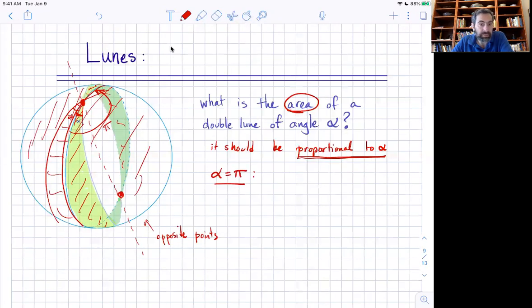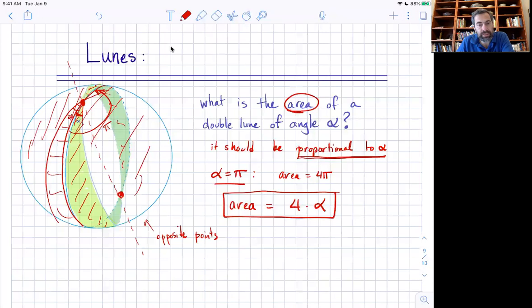In that case, it fills up the whole sphere, and the area should be 4 pi. Therefore, the proportionality constant is 4, and the area in general should be 4 times alpha.